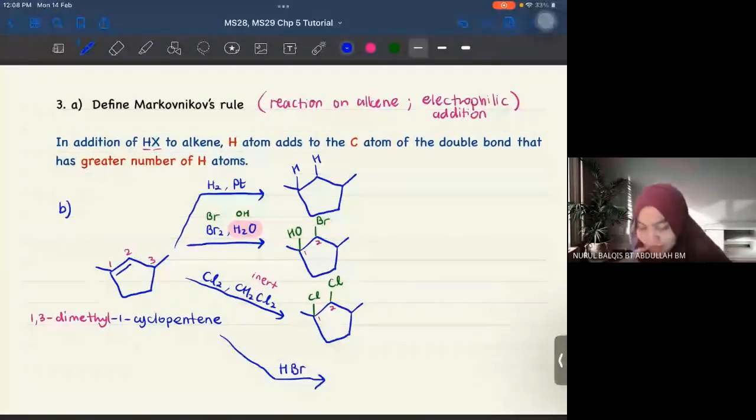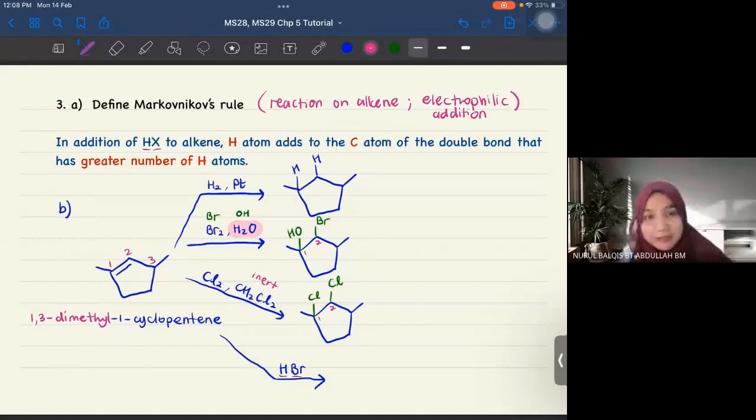Okay. So HBr, if the question didn't say anything about anti-Markovnikov or peroxide, we assume it is in an inert solvent. So we aim to add only hydrogen and Br.